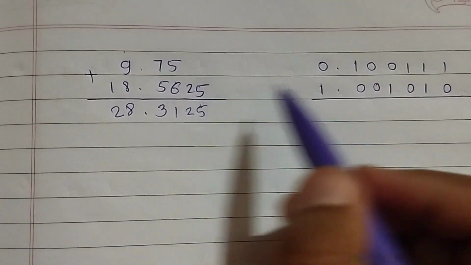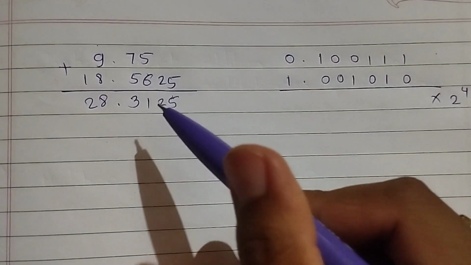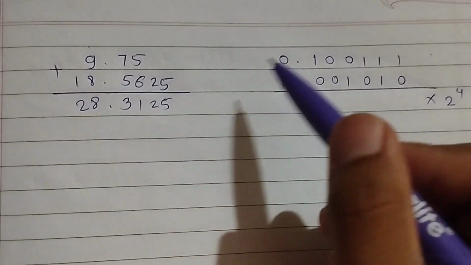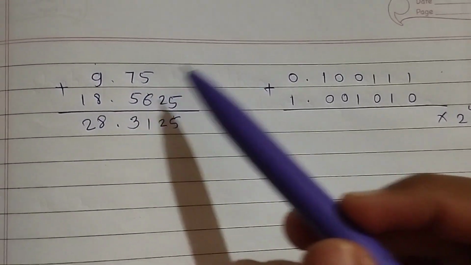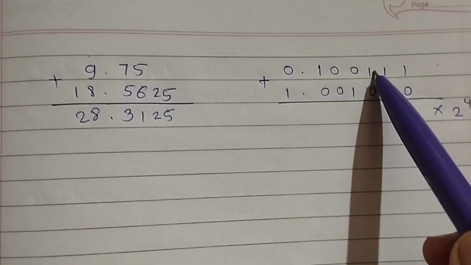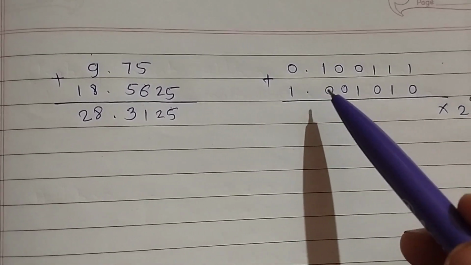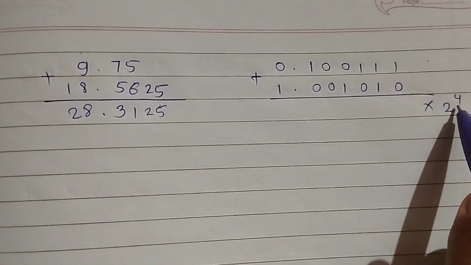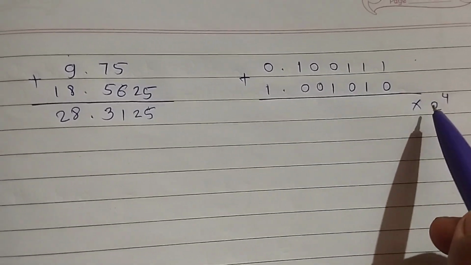So let's check: when we perform the addition of the binary numbers, do we also get the same number or a different one? So here we write the binary of 9.75, which is here, and the next one, 18.5625, right below. And now 2 raised to 4 is the same for both numbers, so we write it directly here.